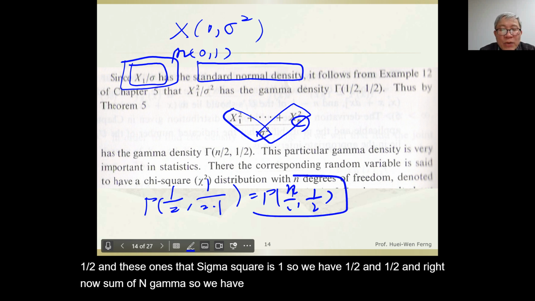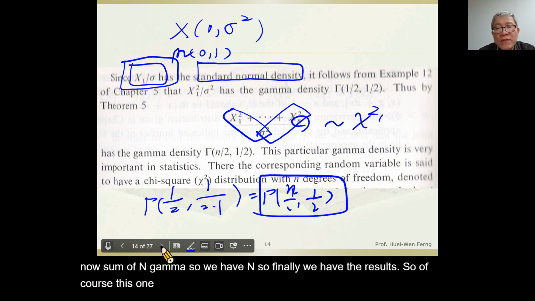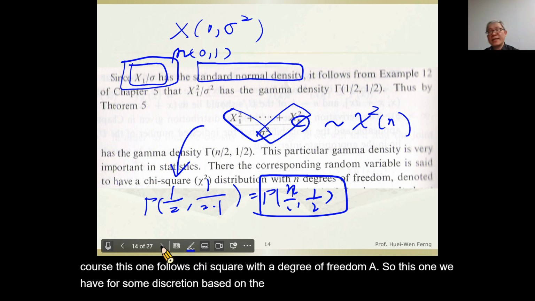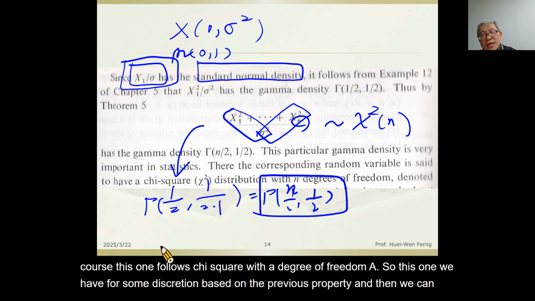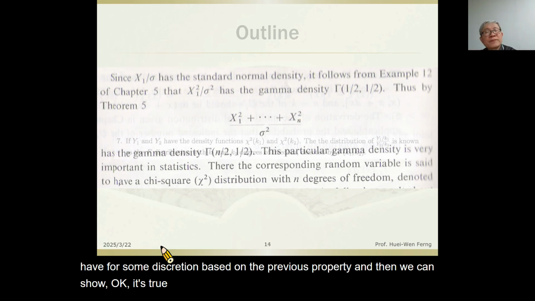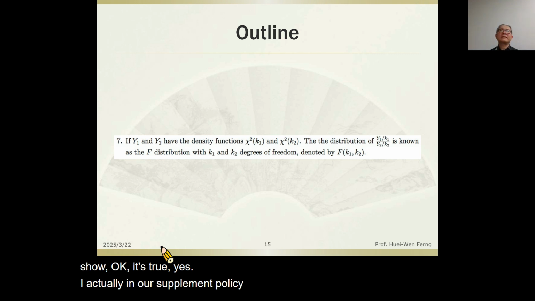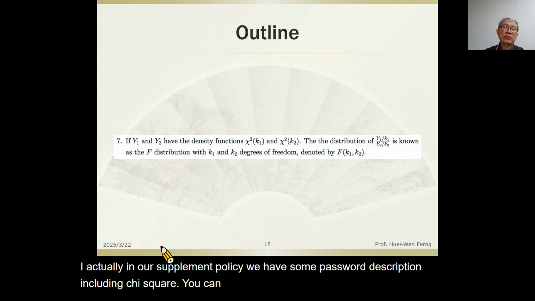So finally, we have the result: of course, this follows chi square with a degree of freedom n. We have some description based on the previous property, and then we can show, oh, okay, it's true. Yes, it follows chi square. And actually, in our supplement previously, we have some possible description, including chi square. You can check it. Is it true?